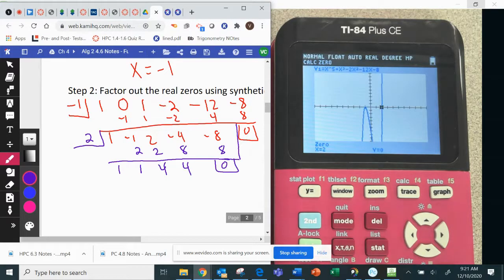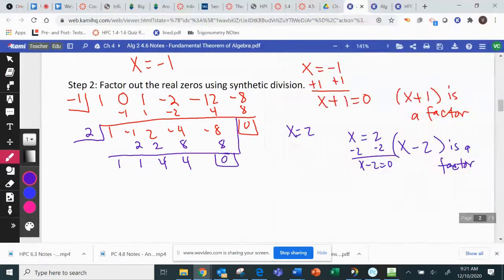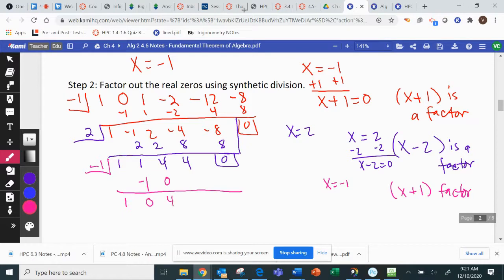So while we're doing this synthetic division, I'm going to have to take out another -1. So we're going to have a second x plus 1 factor. And it worked. I got a remainder of 0. So that one did work.